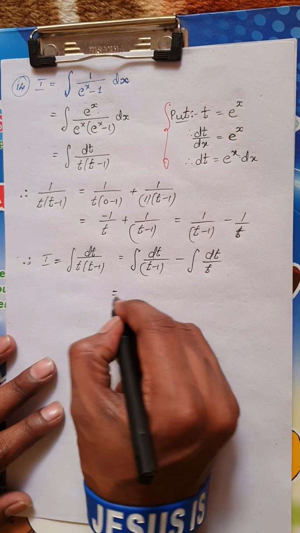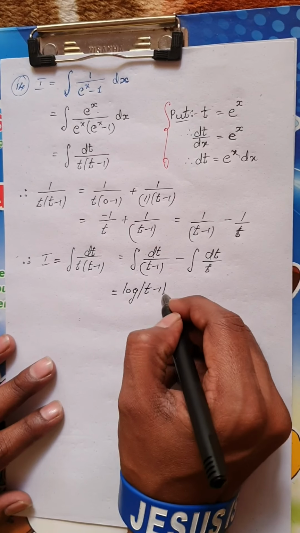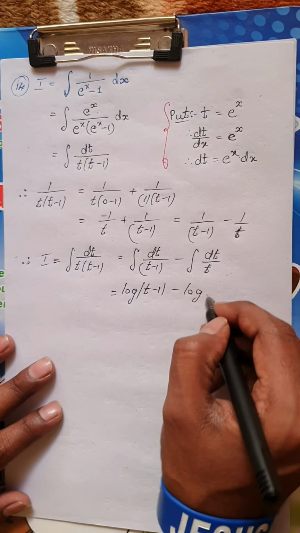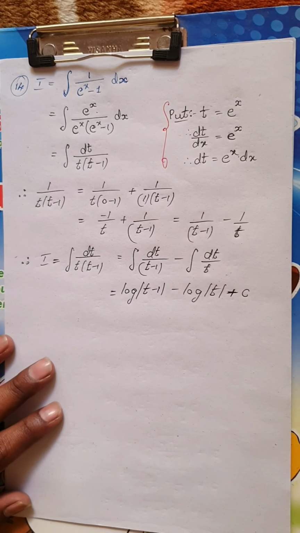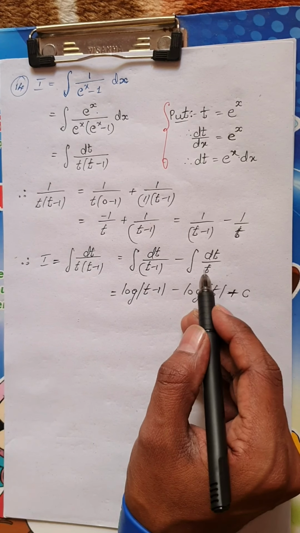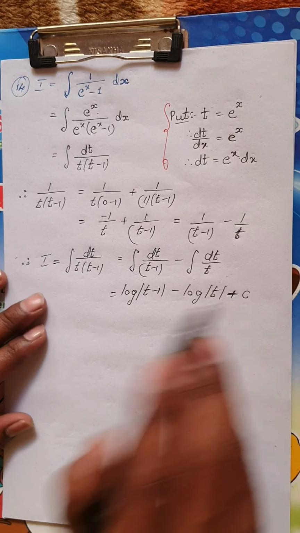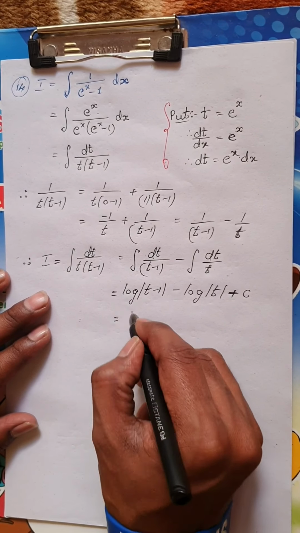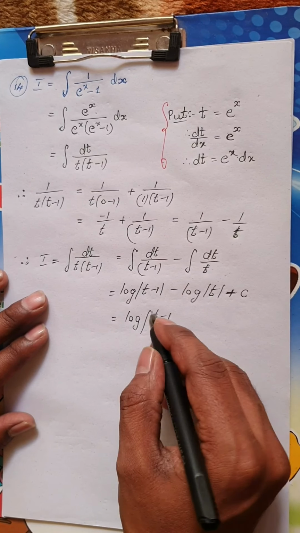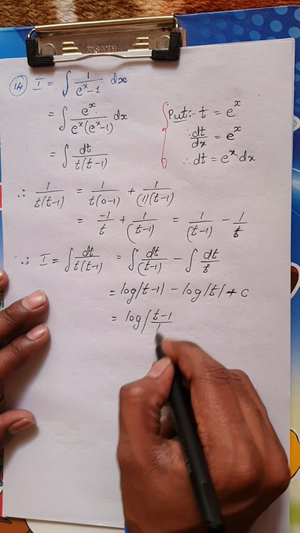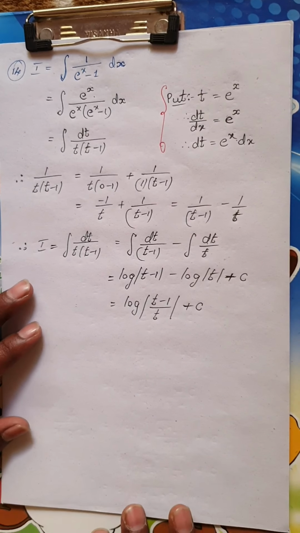So this becomes, now integral of dt divided by t minus 1 is log of mod t minus 1 minus log of mod t plus c, which is the constant of integration. How many questions we have solved of this form? Integral of dt by t is log of mod. So again, using the property of log m minus log n is log m by n, it is log of t minus 1 divided by t plus c, which is the constant of integration.